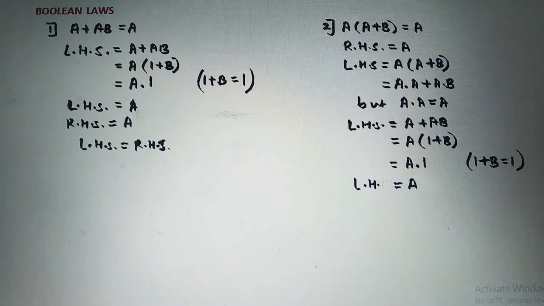So now the left hand side here is equal to the right hand side, that is RHS. So LHS is equal to RHS. So this is the proof of this second other important Boolean law, that is a in bracket a plus b is equal to a.